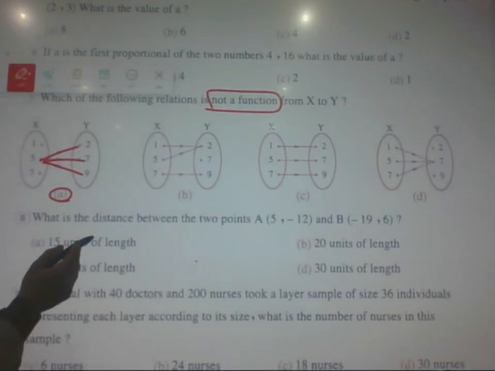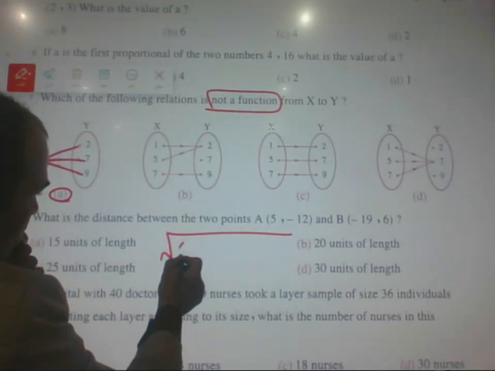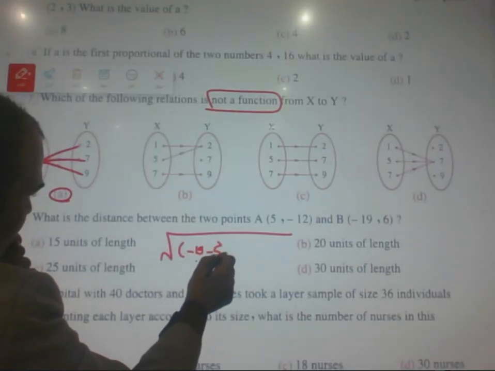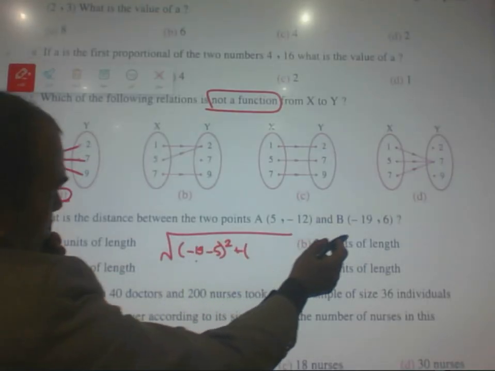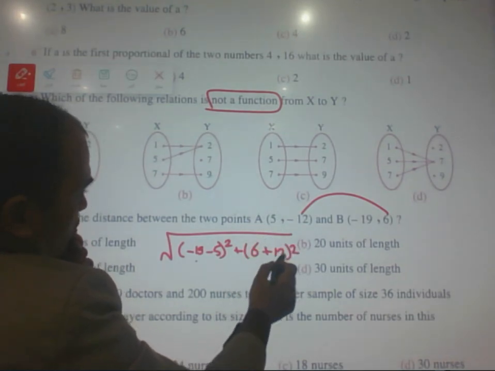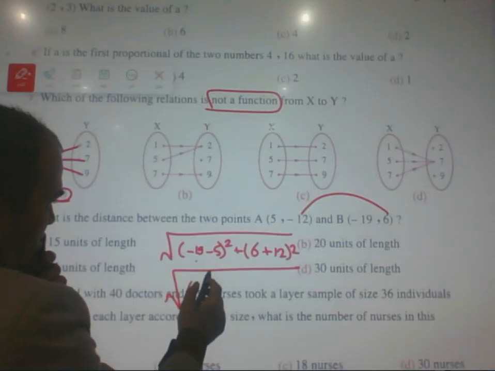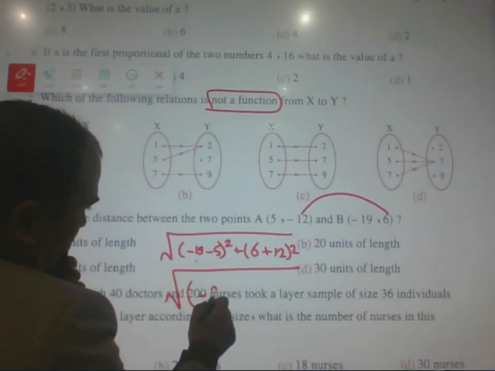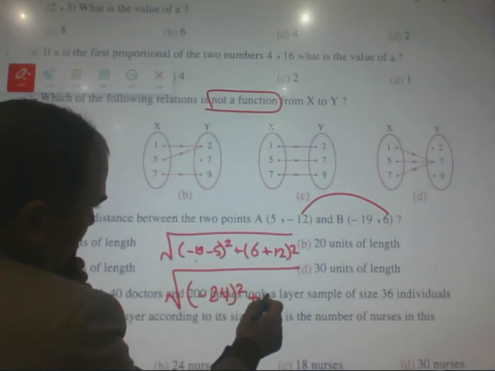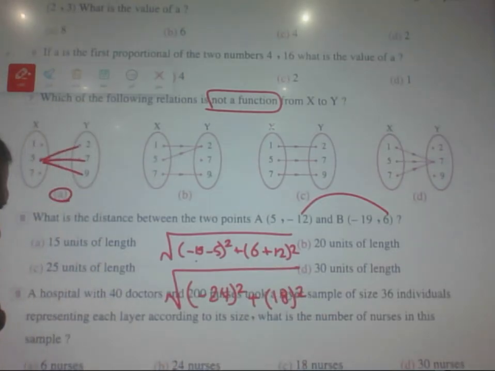Number 8. What is the distance between 2 points? We can find the square root of negative 19 minus 5 squared plus 6 minus 12 squared. It will be the square root of negative 5 plus 19... negative 24 squared plus 6 plus 12 squared, 18 squared.